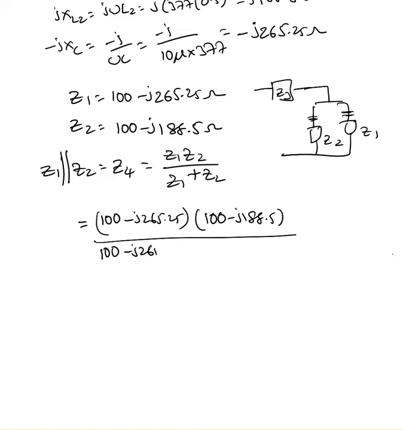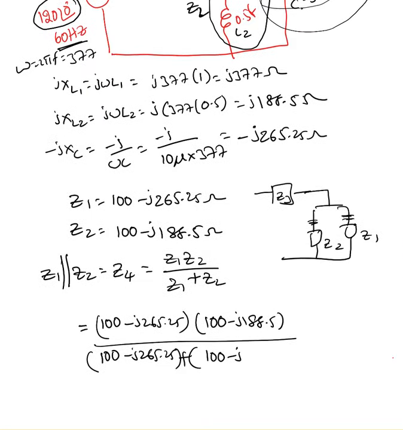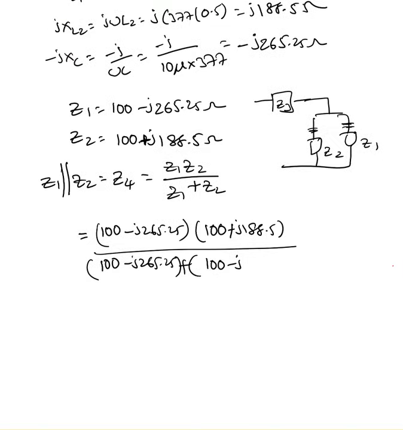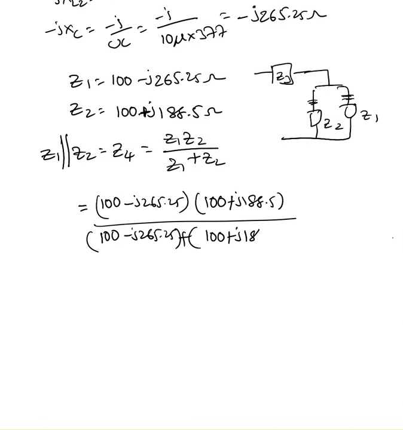100 minus j 265.25 times, or plus, 100 minus j. Isn't it plus j for Z2? See, silly mistake. I always do that. Okay, 100 plus j 188.5. Now the numerator must be multiplied, denominator must be added. For multiplication, I'm going to convert them into polar format.